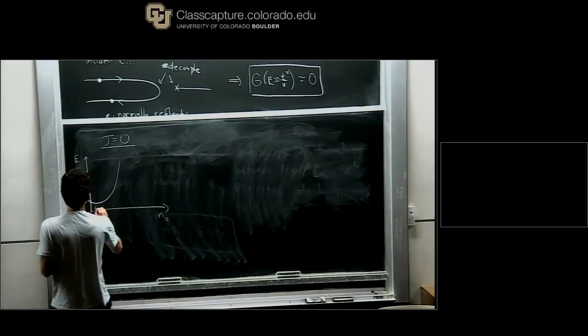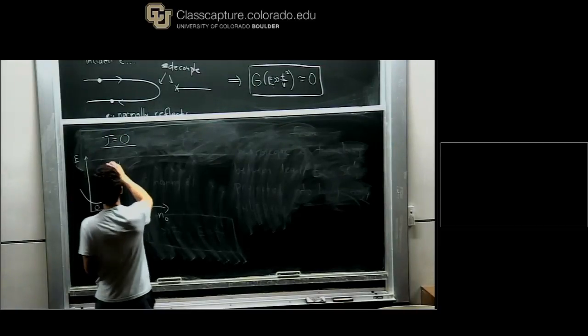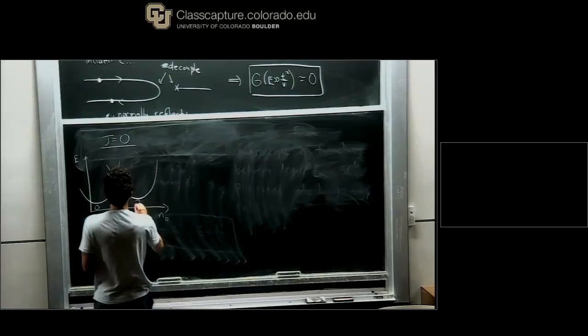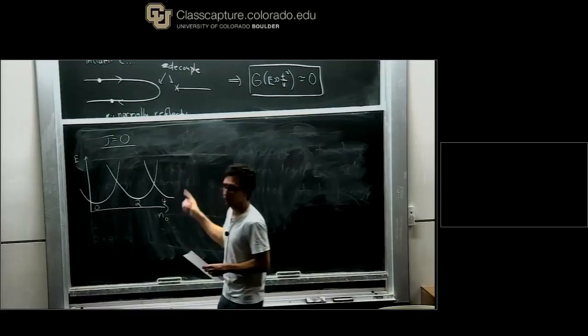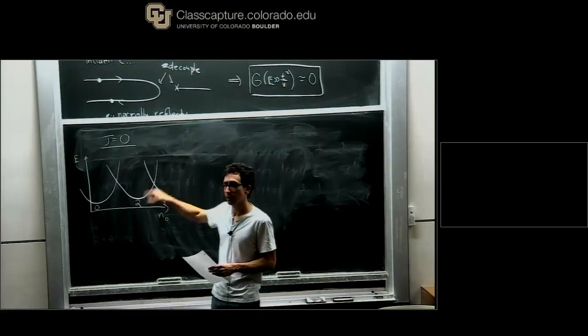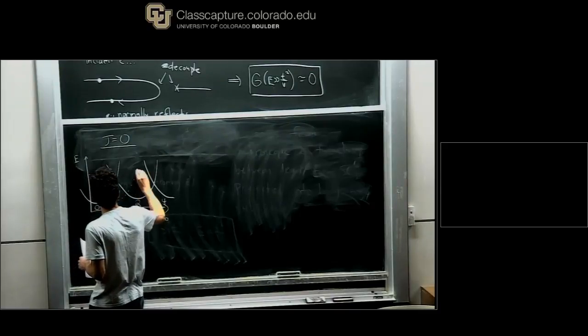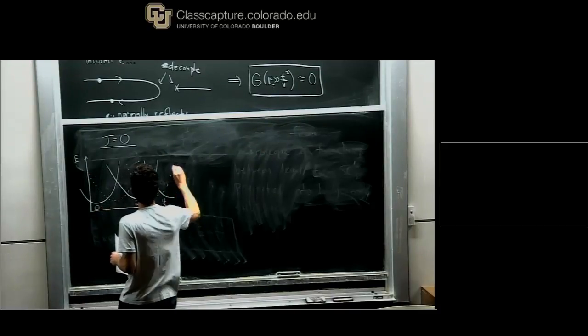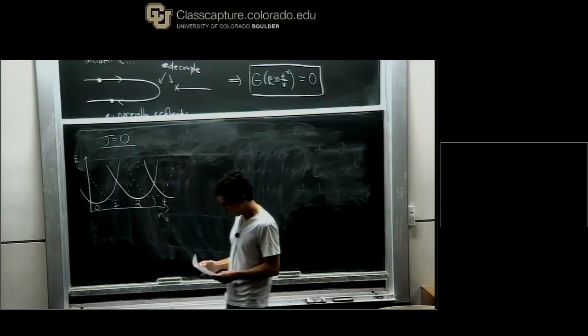So let's say here's the parabola corresponding to n hat equals 0. Here's the n equals 2 parabola, 4, and so on. I'm going to indicate the even guys by solid lines and the odd ones by dashed lines. So there's 1, 3, and so on.